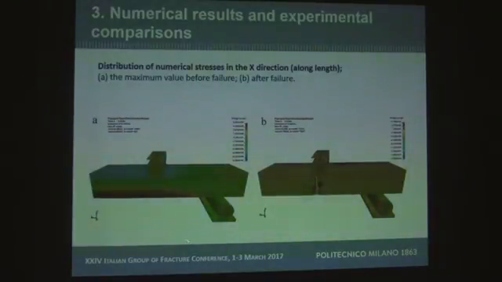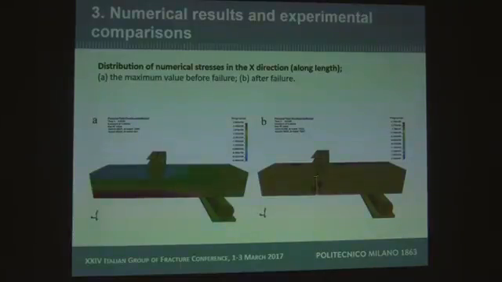This figure represents the distribution of numerical stresses in the x direction along the length. This one is captured just before failure, and this is after failure. As you can see, the tensile and compressive stresses appear below and above the neutral cross section.